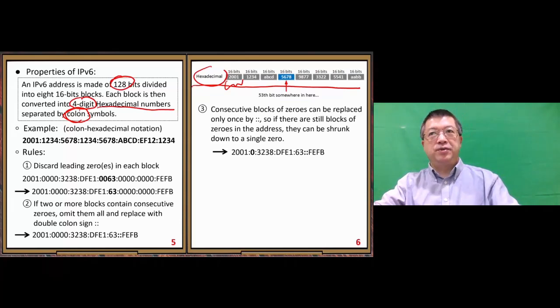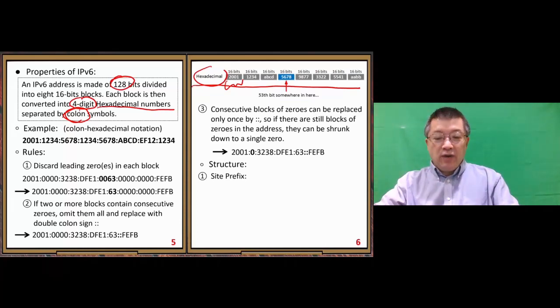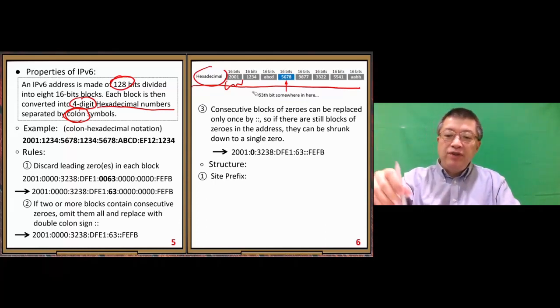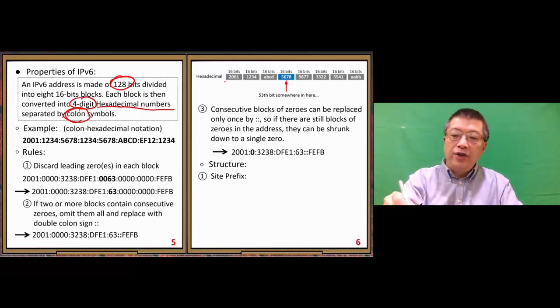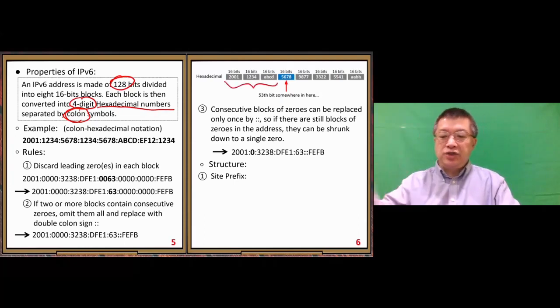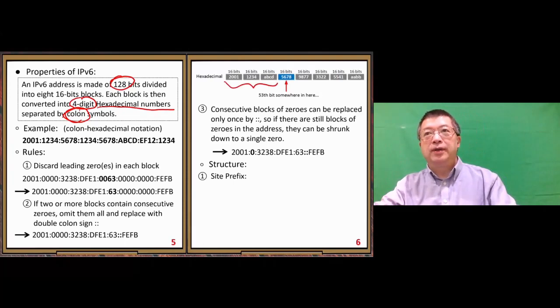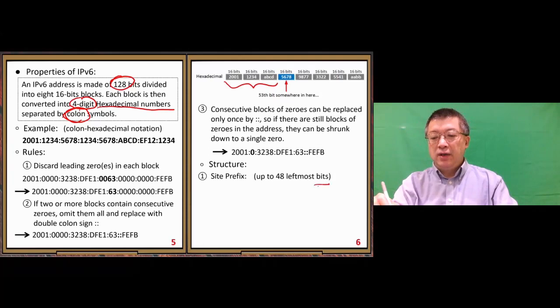Then the structure: the address is divided into several parts. The first part is the site prefix, the first 48 bits, the leftmost bits.